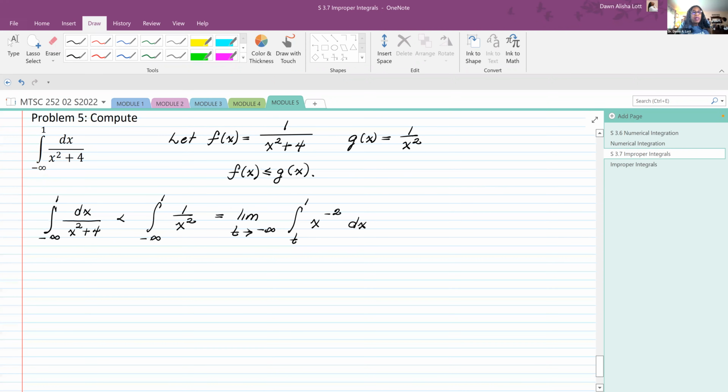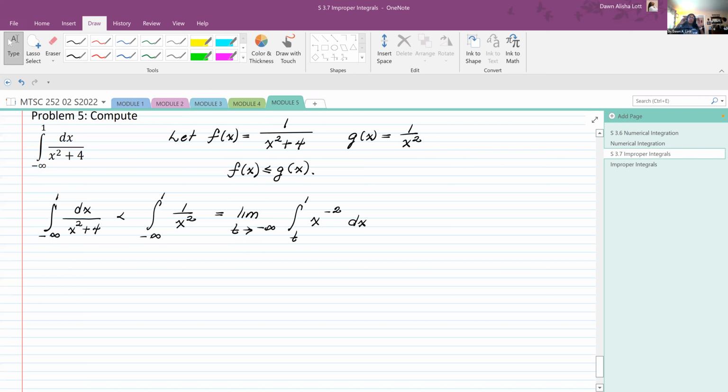So now I'm actually doing the integral of the bigger function. Okay. So that is the limit as t approaches negative infinity. And now when I integrate this, I'm going to get -x to the -1 evaluated between t and 1.